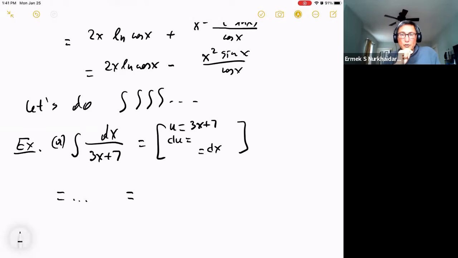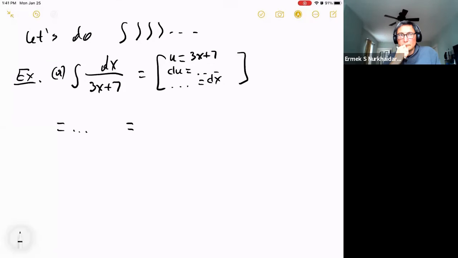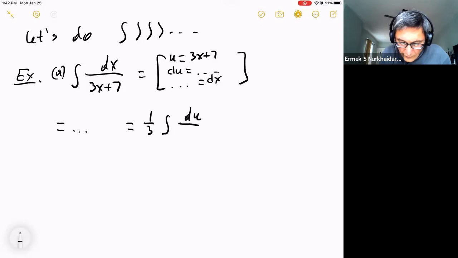I'm going to give you a minute or two to fill up the gaps. Okay. If I'm correct, you should be getting 1/3 integral du divided by u. Are you getting that? Okay, it looks like we're in good shape. Let me try to finish up.